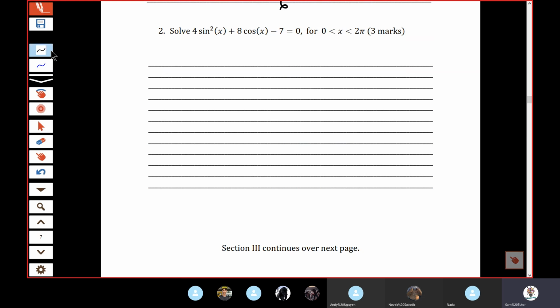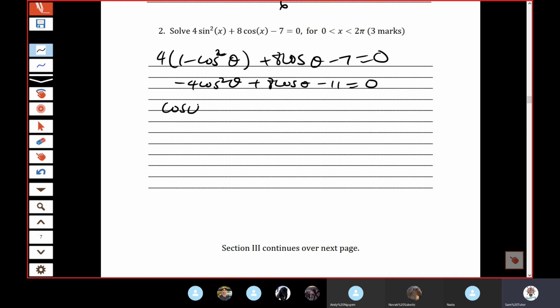4 sine squared plus 8 cos minus 7. Okay, obviously you're going to change sine squared to cos. I'm just going to change it to thetas. Then you're left with minus 4 cos squared plus 8 cos, minus 7 minus 4 is minus 11.